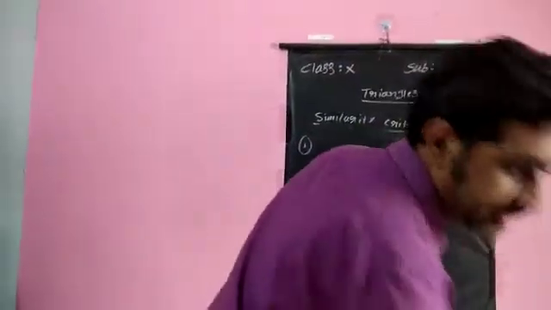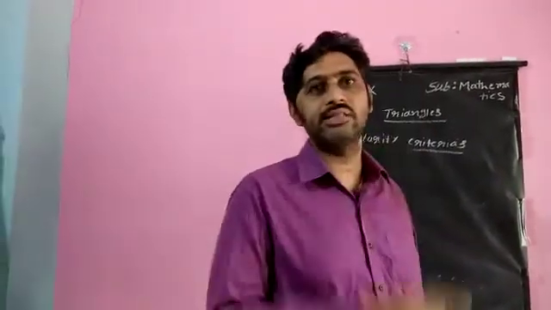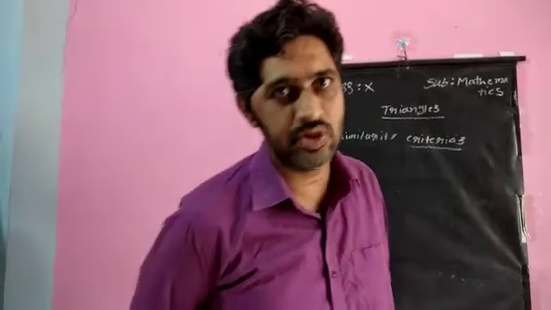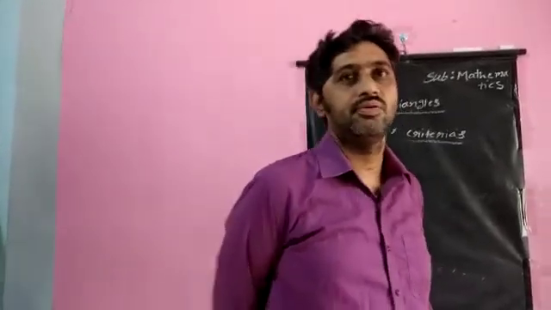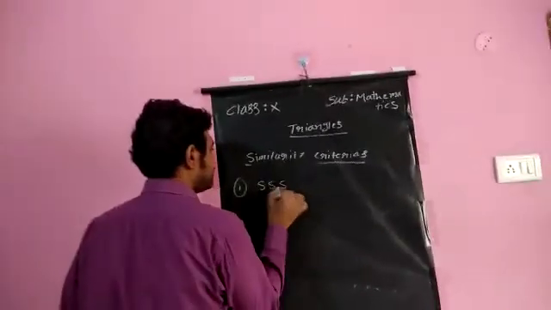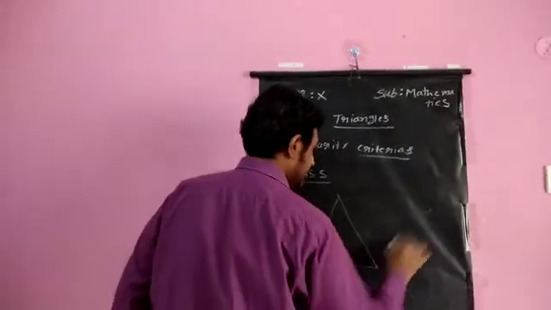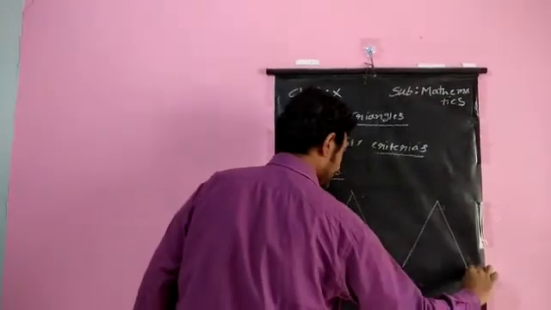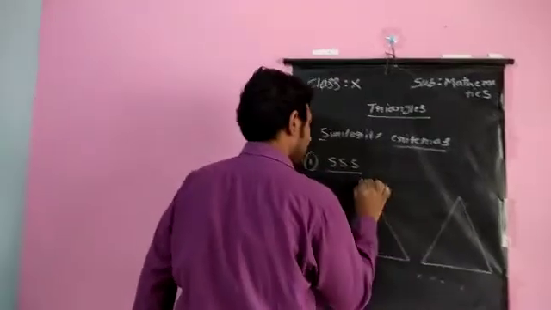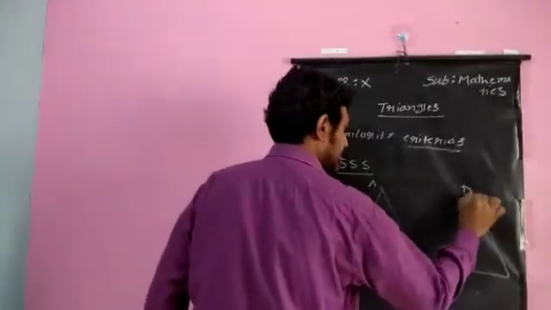And I also told you the two properties of similar triangles: in similar triangles, the corresponding angles are equal and corresponding sides are proportional. So for the side similarity rule, if I discuss in similar fashion, let me take again two triangles, one as ABC and the other as DEF.